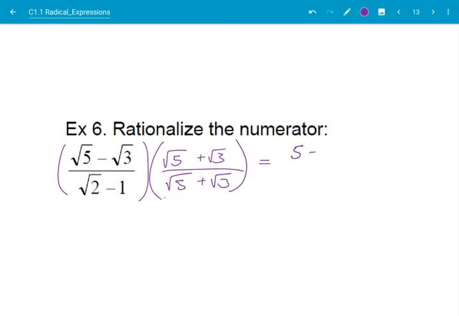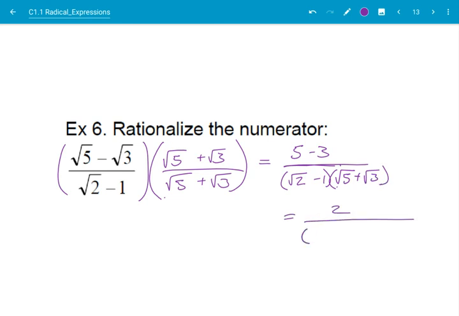So 5 minus 3. And in the denominator we have this to distribute, but we don't have to FOIL it. We're actually going to leave the denominator factored. The whole point is to simplify in the numerator. That's why we're doing it in calculus, not to actually rationalize it.